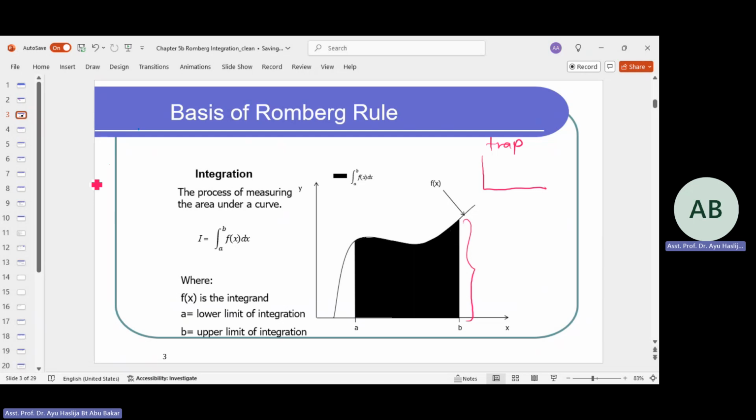For trapezoid, we find the area under the curve, whether n equals 1 or multiple n, and it uses its specific equation for trapezoid.